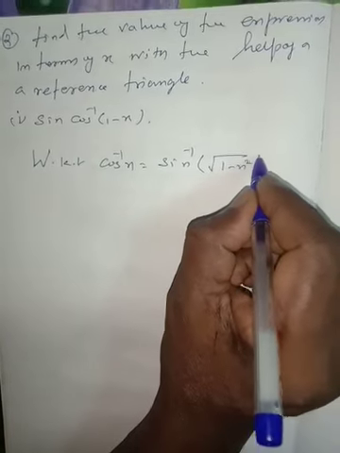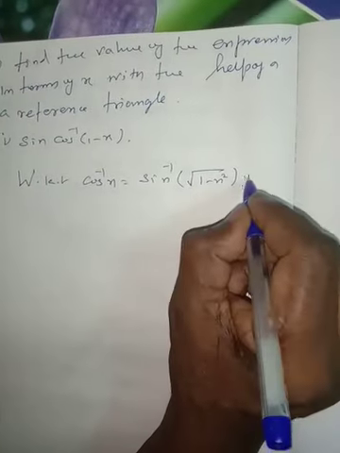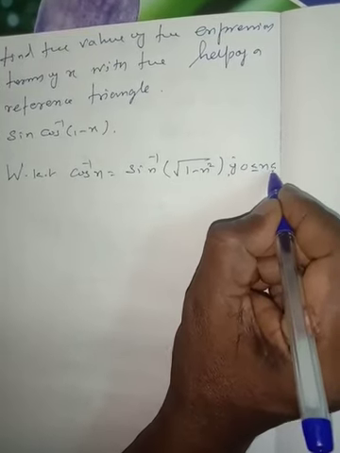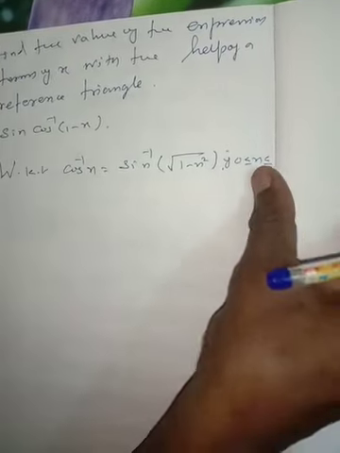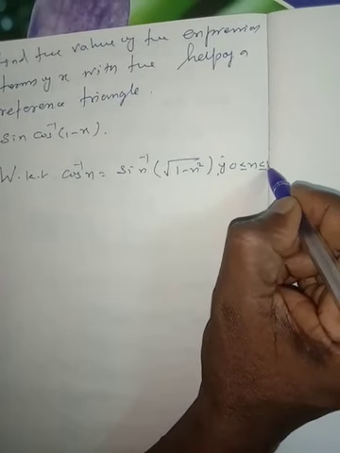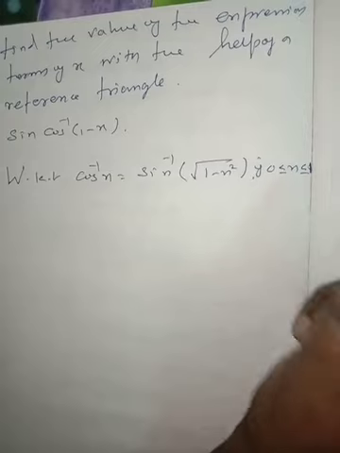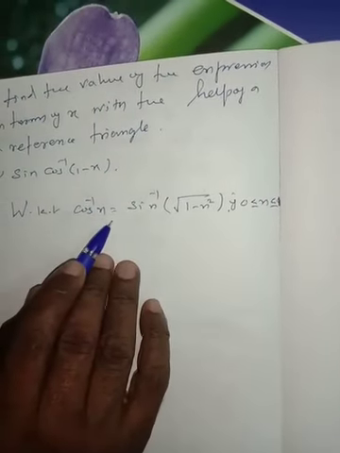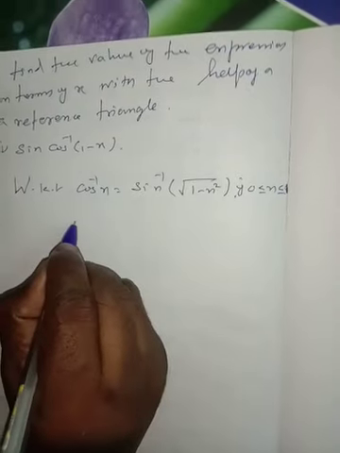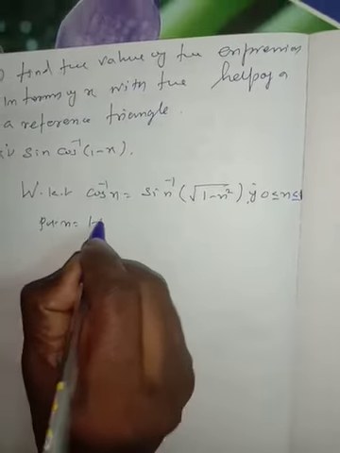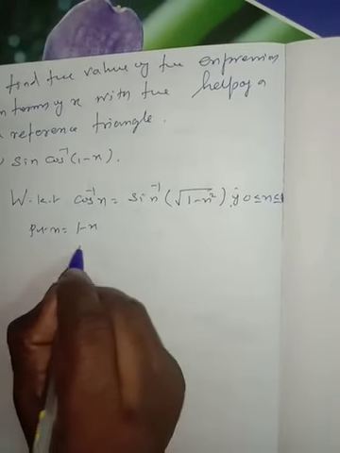This is the formula, if 0 is less than or equal to x, less than or equal to 1. Now put x is equal to 1 minus x. We have put x is equal to 1 minus x in the above.